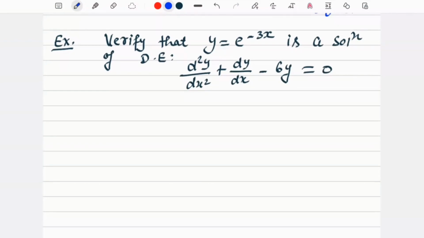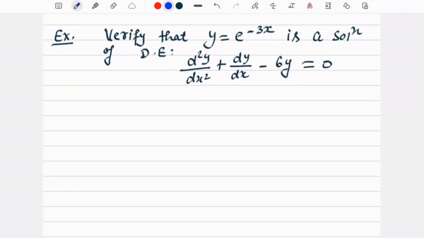Okay, how will we deal with it? First I substitute the value in the equation. Yes, we can go that way: dy by dx of e raised to the power minus 3x, plus dy by dx of e raised to minus 3x, minus 6 e raised to minus 3x. It is a way to go, but another way is far better. Here we have a very simple function, so it is easy to calculate d square y by dx square and dy by dx in a single shot.